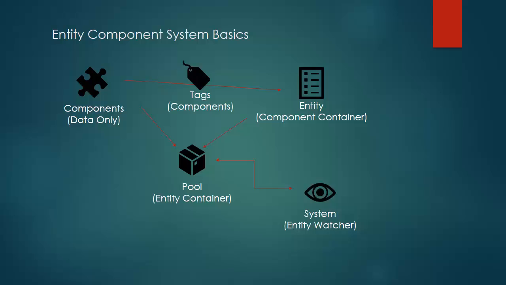Now, another thing that I'm going to be introducing that's not in all of the entity component systems that I've seen is tags. They're basically just components, but they have absolutely no data. They're markers. It's a way to tack data onto your entity to mark it. Maybe you want to say, hey, this entity is a player, or this entity is an enemy, or this entity is on a team.